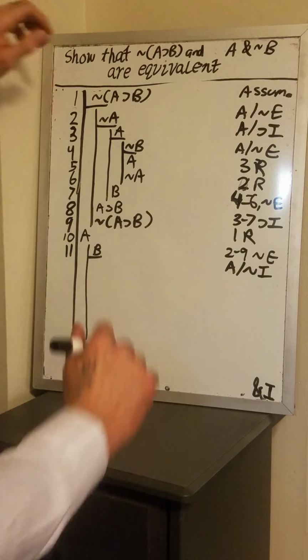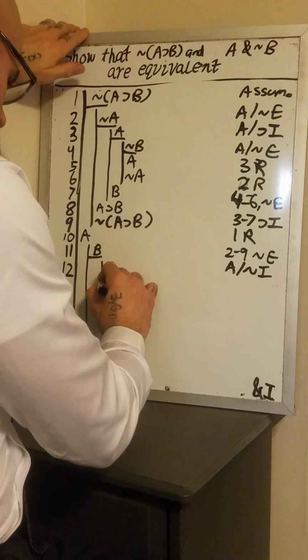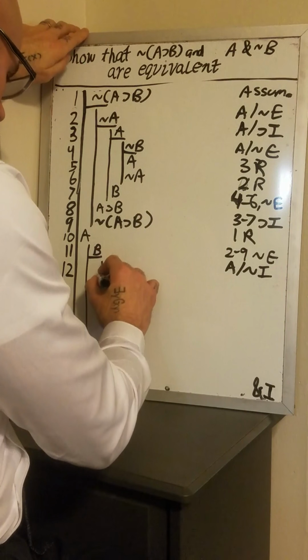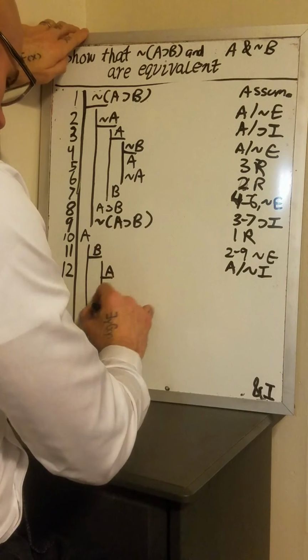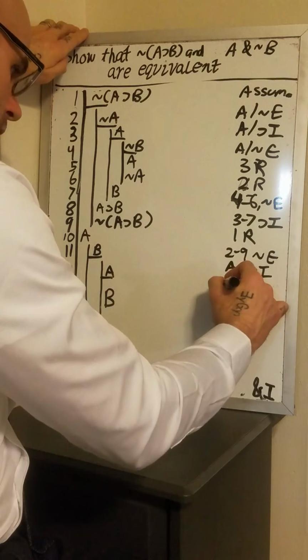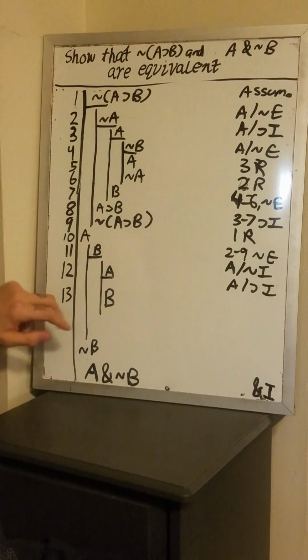Okay? So we're going to assume A. We want to show that B follows. So we're assuming A for conditional introduction. Well, we have B right away by reiteration from line 11.